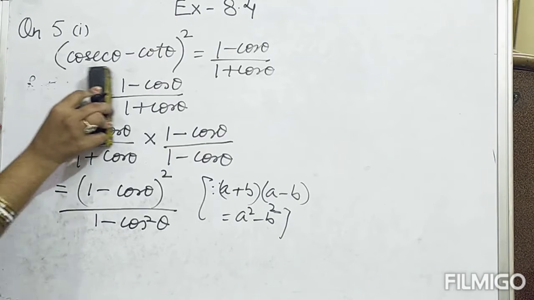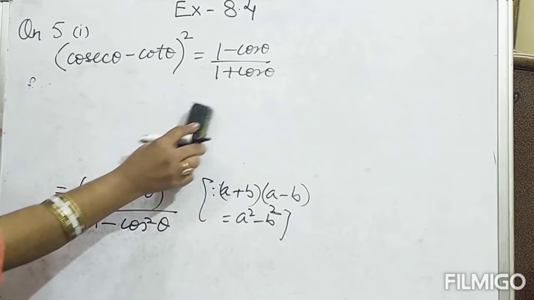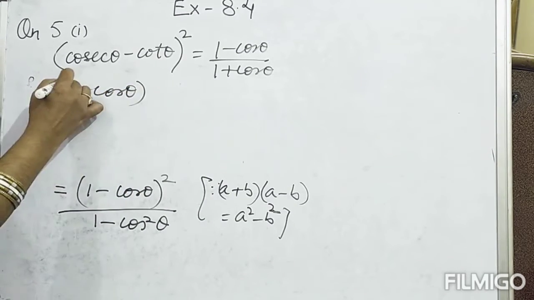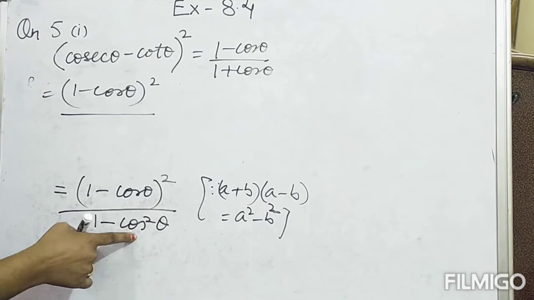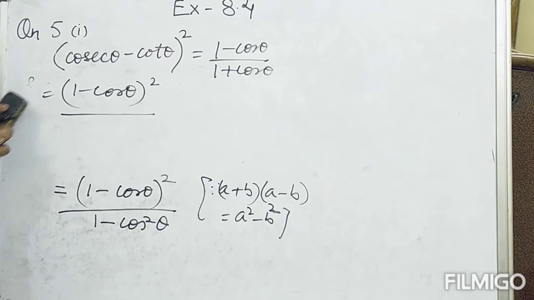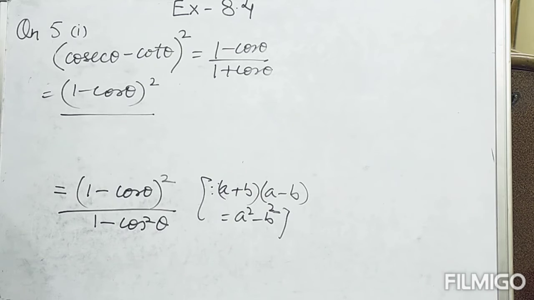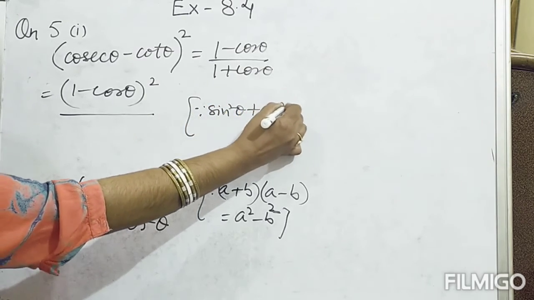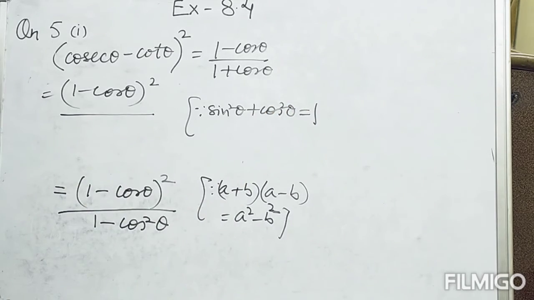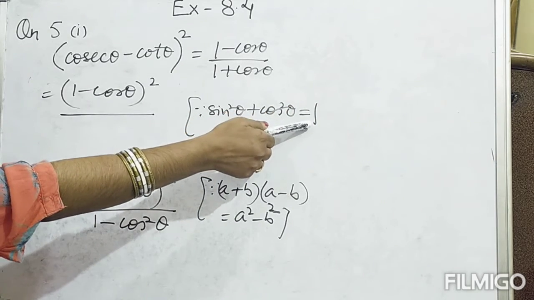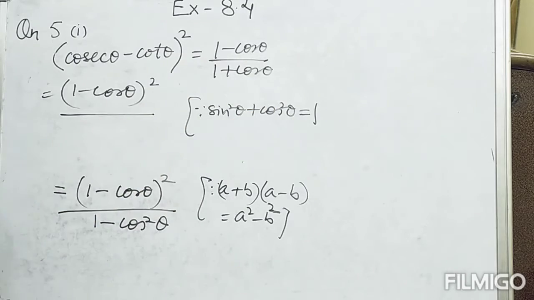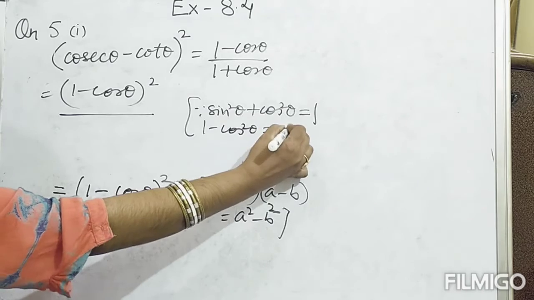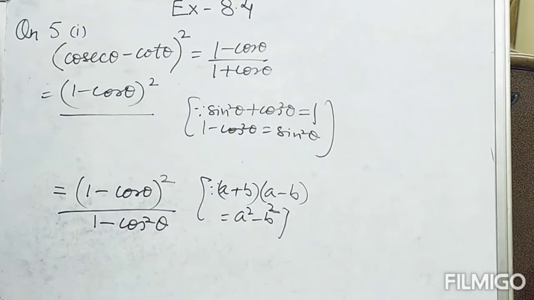So now this is equal to (1 minus cos theta) whole square upon 1 minus cos square theta. You have an identity, that sine square theta plus cos square theta is equal to 1. So if sine square theta plus cos square theta is 1, then what about 1 minus cos square theta? 1 minus cos square theta will be equal to sine square theta.